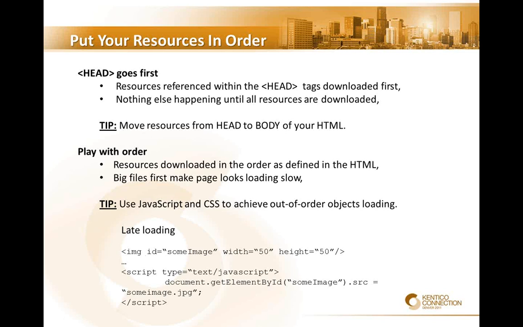So you may see text jumping around the page until all the images are loaded, and that's because you haven't specified those width and height. If you specify the width and height, the browser knows that it has to reserve the space on the page and will render the rest of the content around that reserved space.